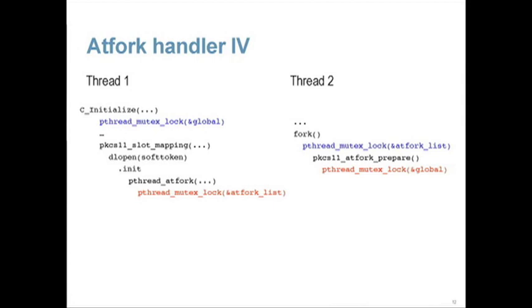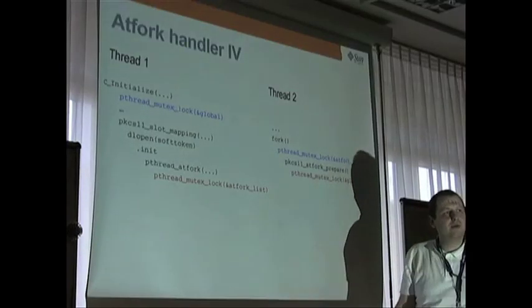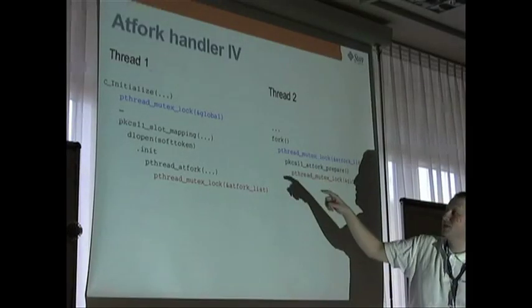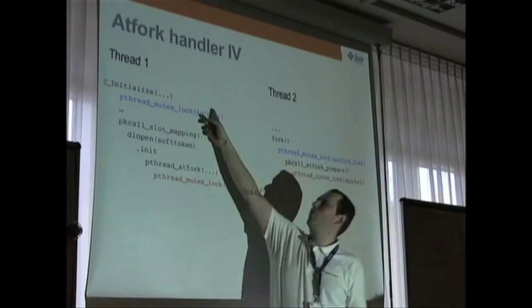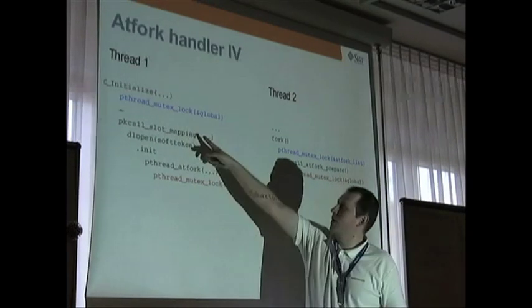It's a very complicated situation. What happened? If you call the one thread and second thread, that is one of the most problematic cases here. The function C_Initialize sets up everything in libpkcs11. There is something like a global mutex. Okay, mutex lock.